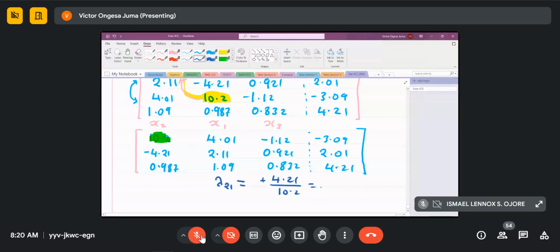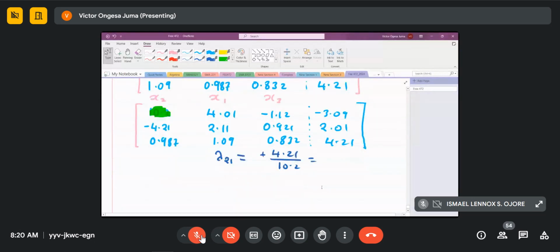Tell me what that is. And then multiplier 31 will be minus 0.987 divided by 10.2. Remember what we said is negative A21 over A11, negative. So give me these values in your calculator.